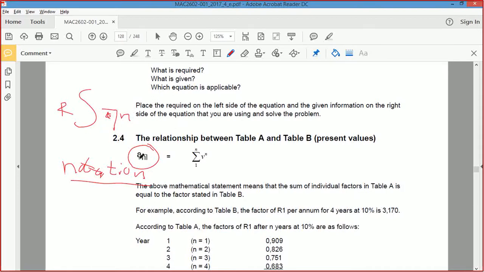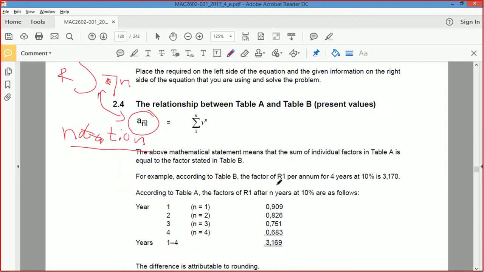So A was present value, S was future value. Okay, you remember that notation? Yes, sir. Yeah, so that notation is basically just a representation of the mathematical equations for calculating either present value or future value, depending on what you've been asked for.